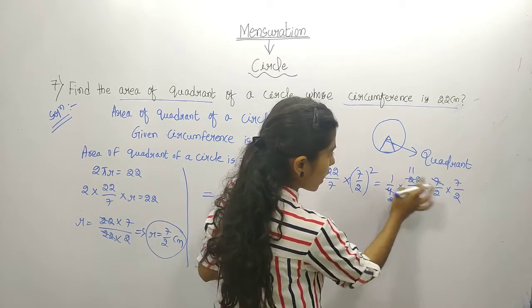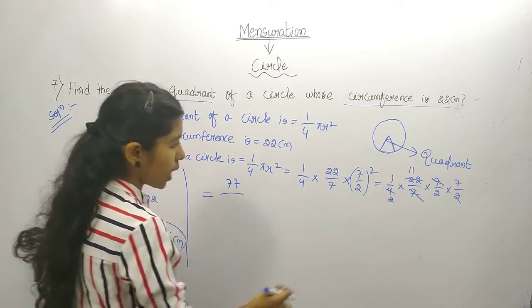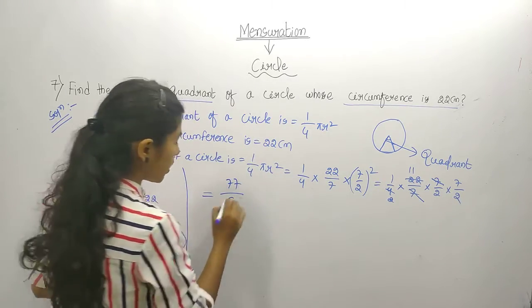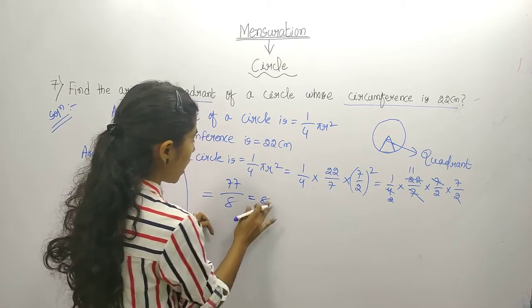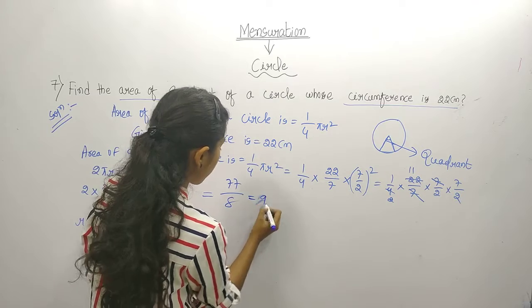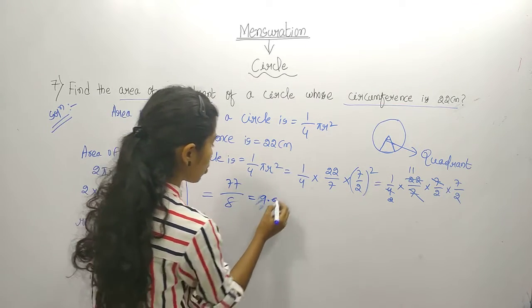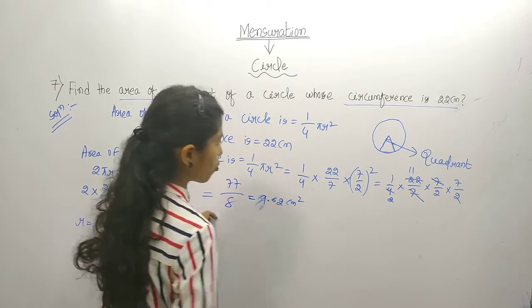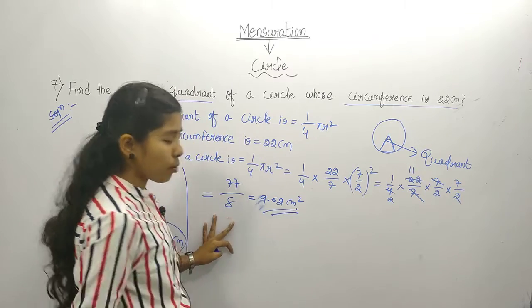Now 11 into 7 is 77, divided by 2 into 4, which is 8. 77 divided by 8 is 9.62 cm square. This is the value of the area of the quadrant of the circle.